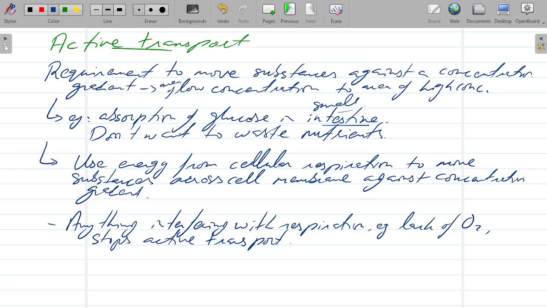Another example of active transport happening is the formation of urine and the reabsorption of nutrients in the kidney. Alright, so that's another thing that happens. We'll talk about that later. But active transport happens a lot. Okay? It happens a lot in the body. So it's not only diffusion. You can't rely solely on diffusion. Any questions?